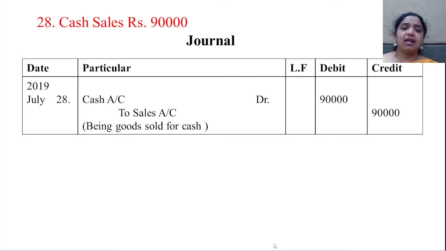So sale is an income, it should always be credited. That is cash account debit 90,000 to sales account 90,000, being goods sold for cash. I told you earlier also, you have to learn this: purchase is an expense and sale is an income. Purchase account is always debited and sale account is always credited.